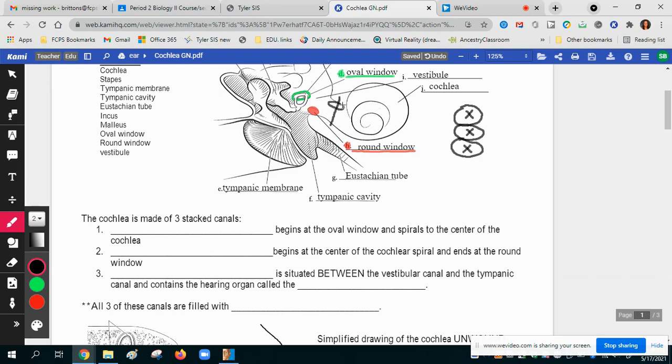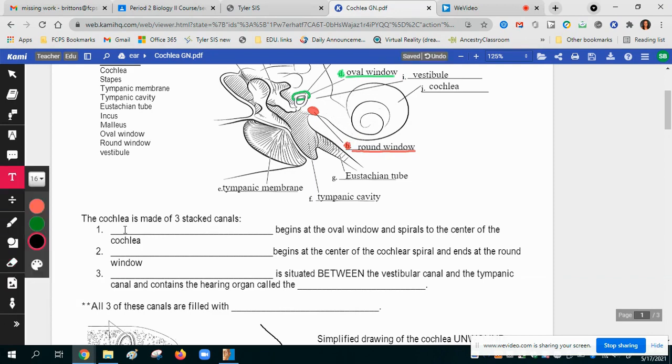I can't get the angle quite right, but those canals will reach the entire length of the cochlea and then turn around and come back. It's pretty confusing when it's all wound up, which is why we'll unwind it in just a little bit. Anyway, there are three stacked canals in the cochlea, and the first canal will start at the oval window and then proceed through the cochlea.